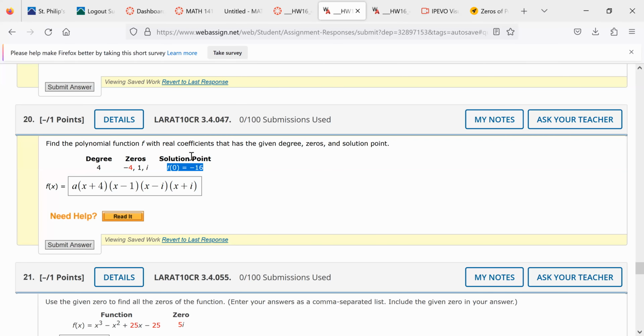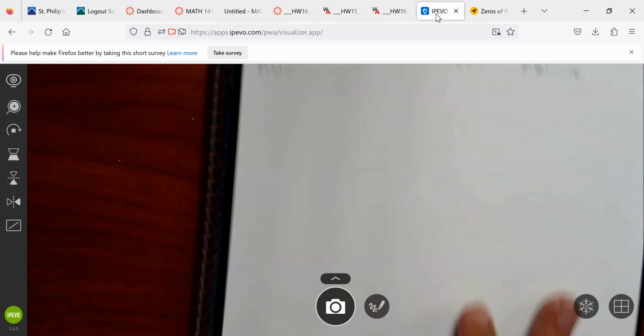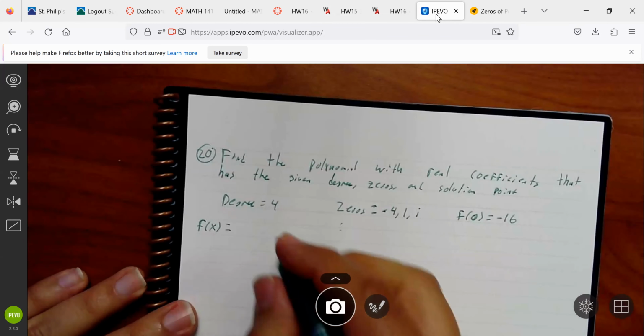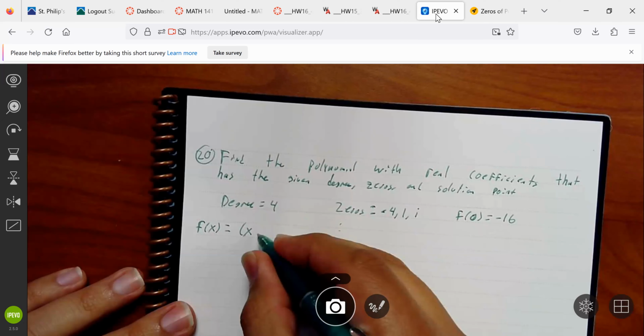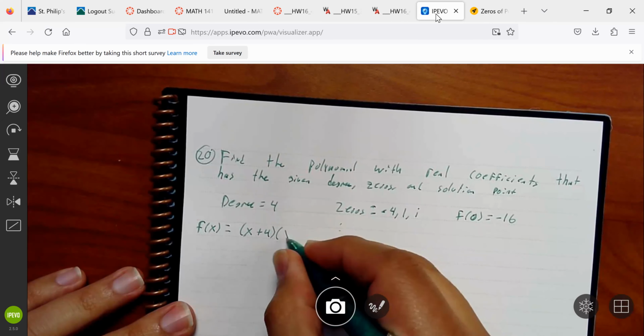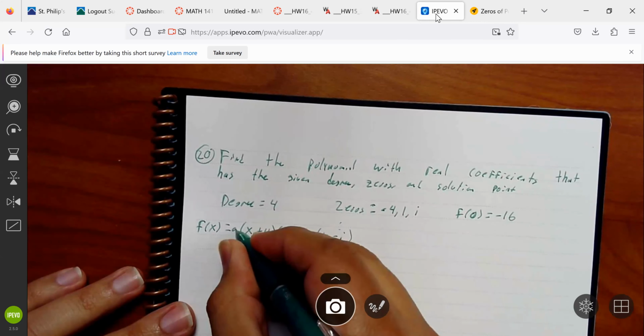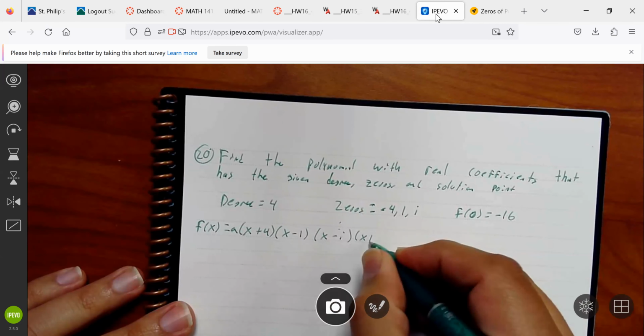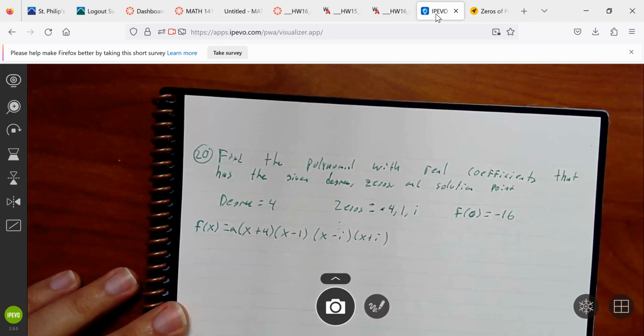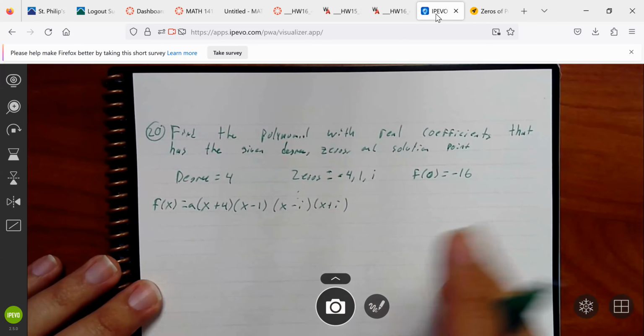All right. So I wrote x plus 4, x minus 1, x minus i, with an A on it. You guys cool up to this point? You understand where this part's coming from?